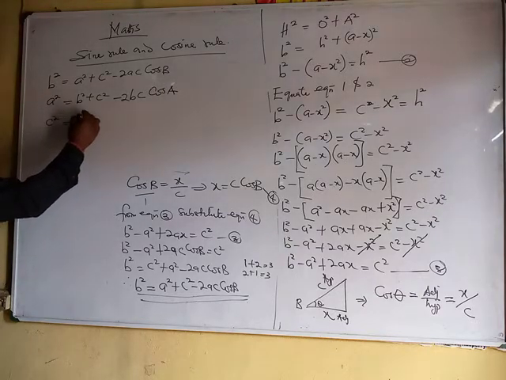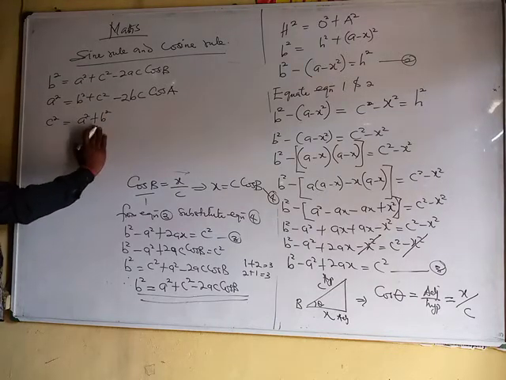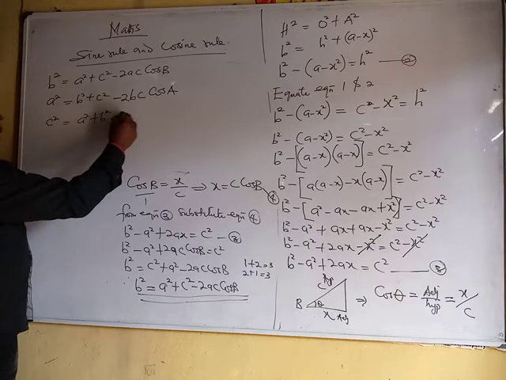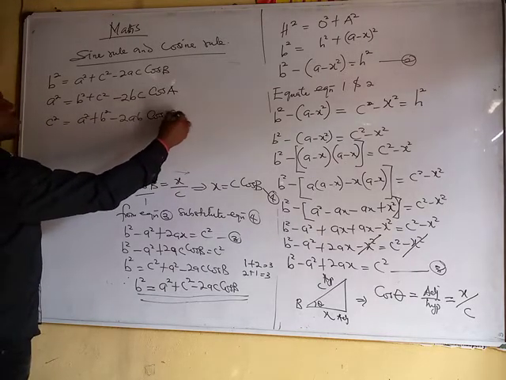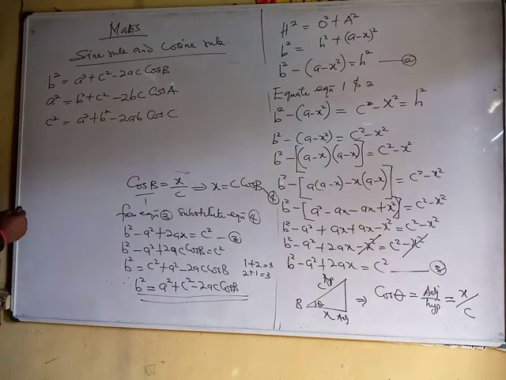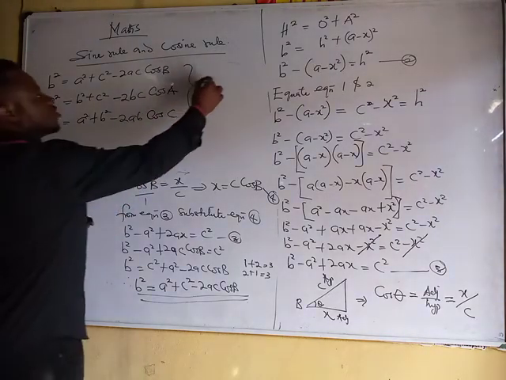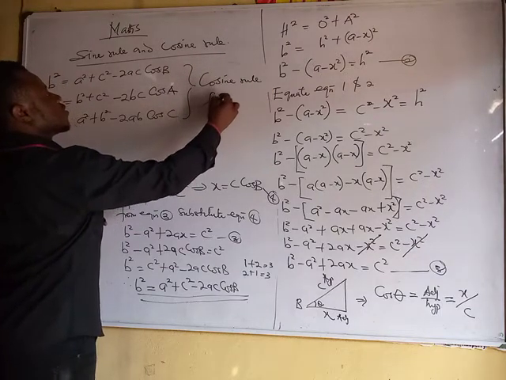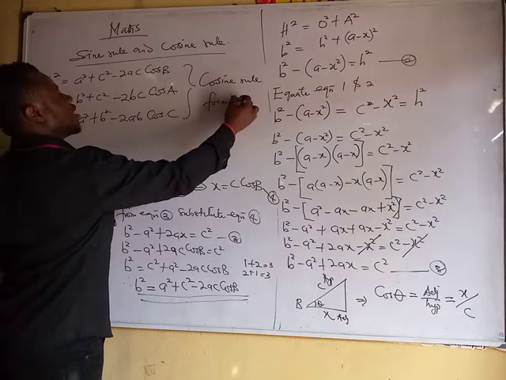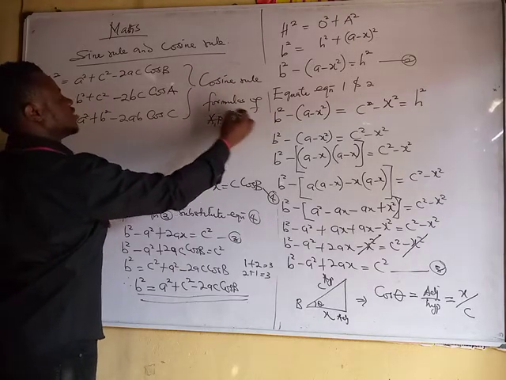We are going to have a square plus b square, these two given to me, minus 2 times ab, cos of C. Now, these are the cosine formulas. We call it the cosine rule formulas of a, b, and c.